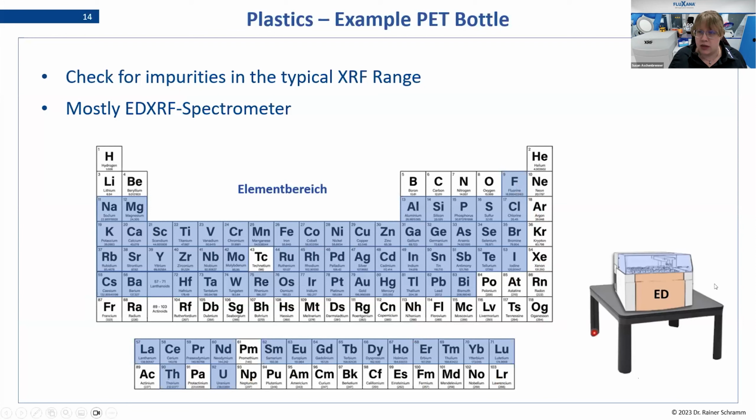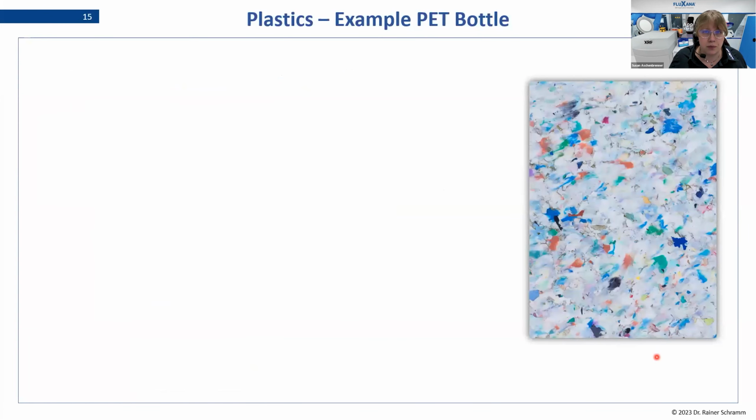EDXRF spectrometers are these small benchtop devices. They are most of the time also quite cheap, or cheaper than the large devices, and those are commonly used for this application.